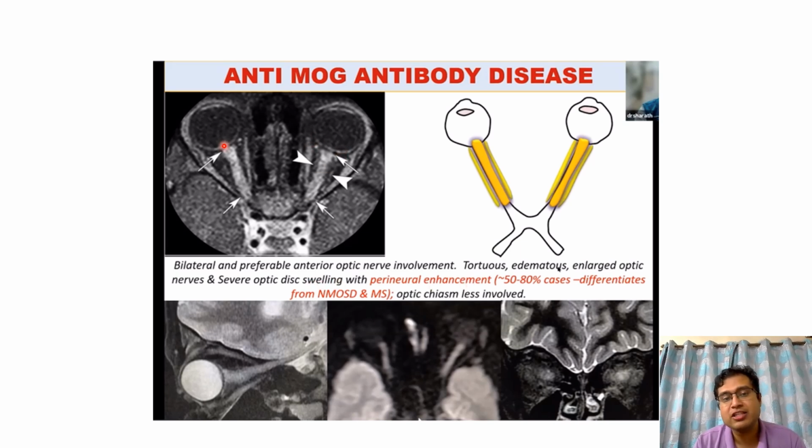So this perineural enhancement, bilateral retrobulbar region with perineural enhancement, is very typical of anti-MOG antibody disease. What we have to remember is that perineural involvement in the bilateral retrobulbar region is very specific for anti-MOG disease. The optic chiasm is less involved, and a long segment of the nerve is actually involved.